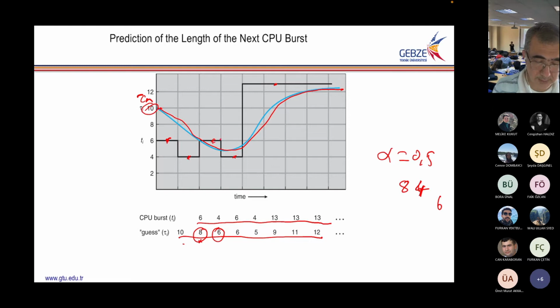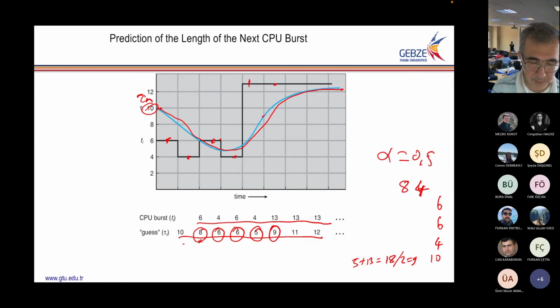Then it is 6 again. 6 plus 6, again 6. 6 plus 4 means 10. 10 over 2, 5. Then it is 13. 5 plus 13 is 18. 18 over 2 is 9. 9 is here.